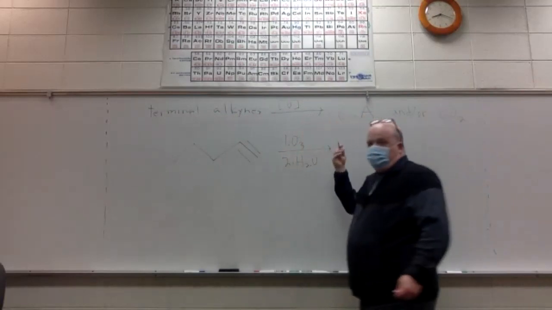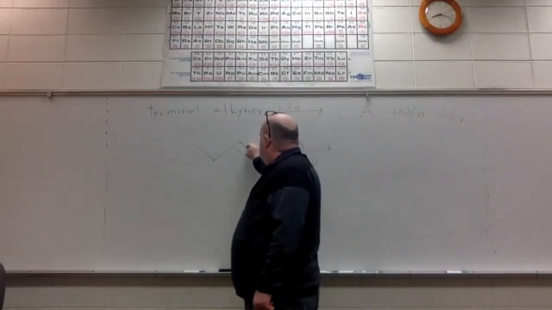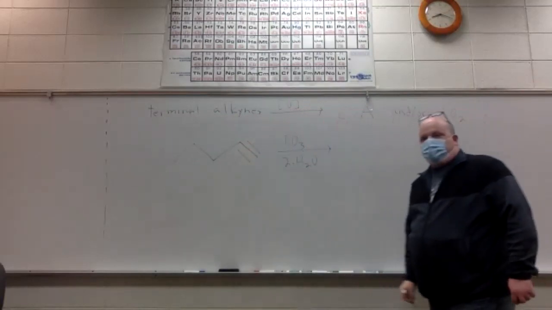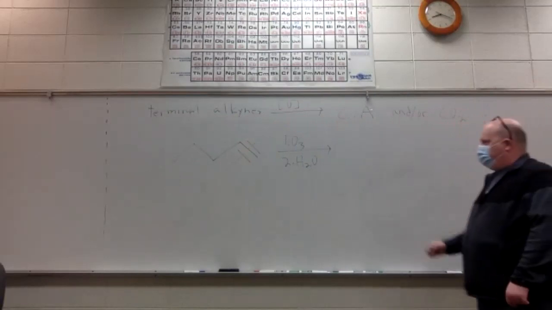So if we did this, for example, with a 5 carbon alkyne, we're going to have a 4 carbon fragment and a 1 carbon fragment.